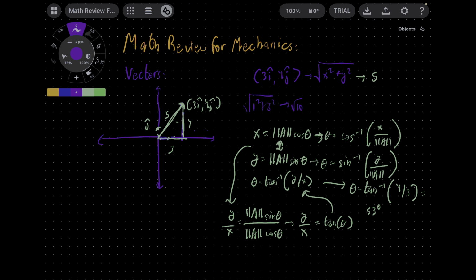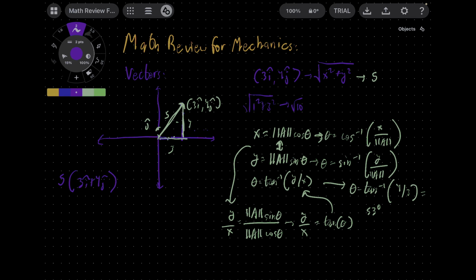So let's say we have 5 multiplied by a vector, 5 multiplied by the vector 3i hat plus 4j hat.